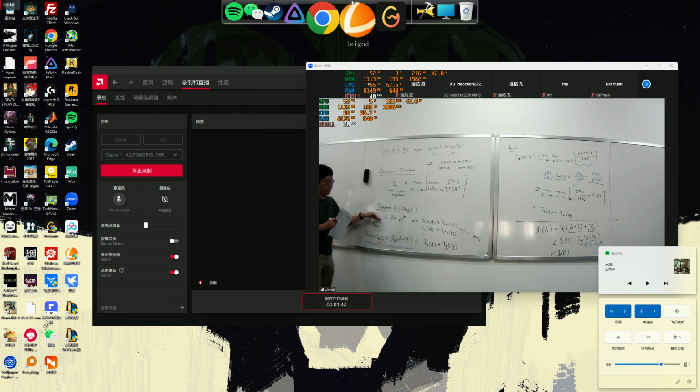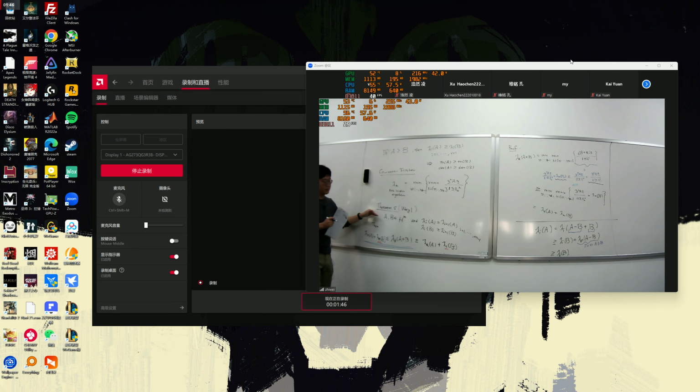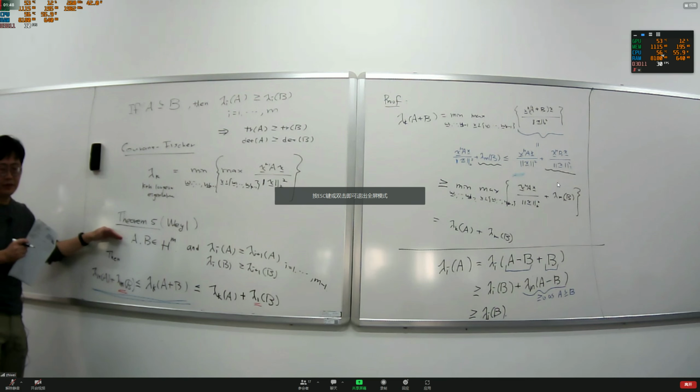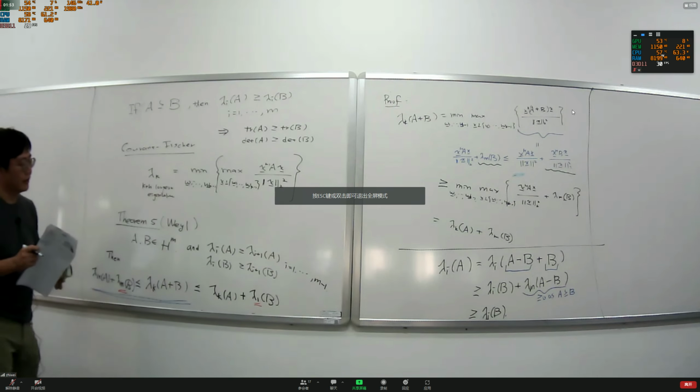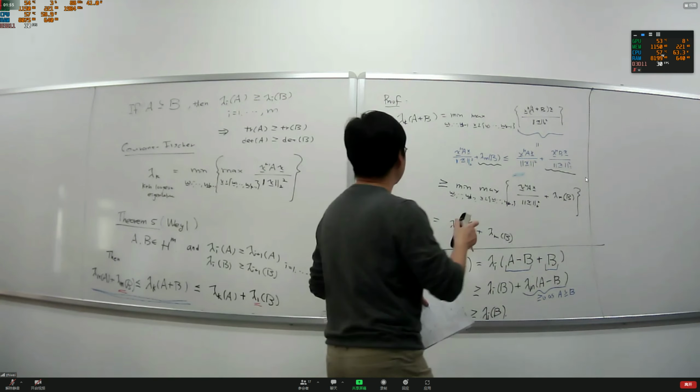You can see we can have some more inequalities similar to this, which can characterize the relation of two matrices.